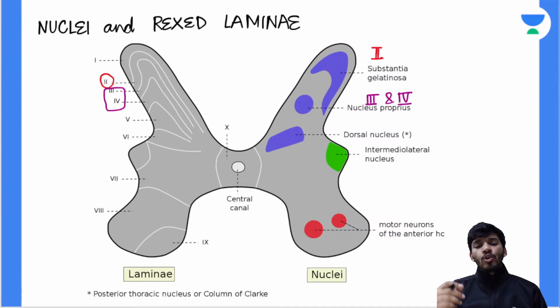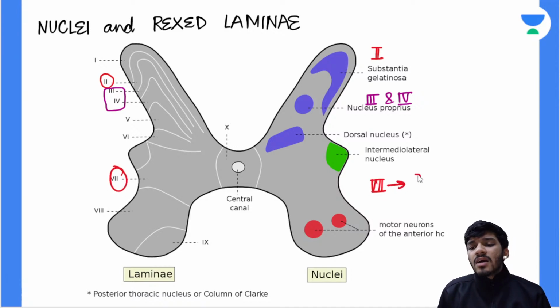Then when you go to Rexed lamina number 7, there are a lot of nuclei there, but one of the important ones in Rexed lamina 7 is Clarke's column. I will just write it here on the side. This is called Clarke's column, Clarke's dorsal column.